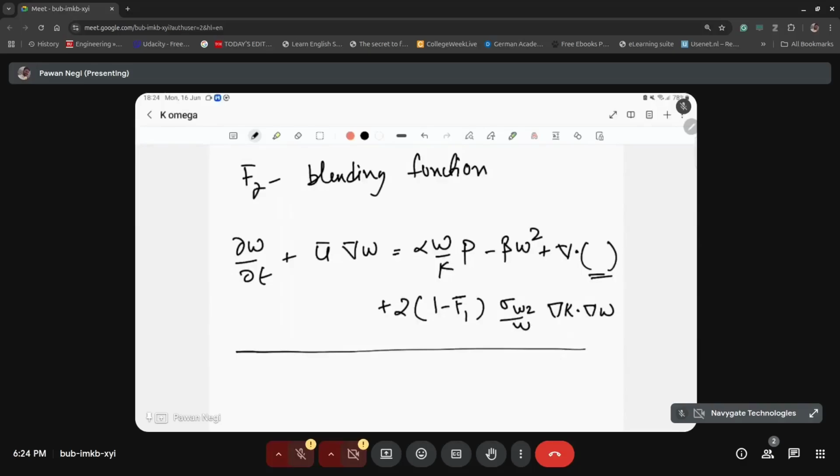Everything else remains the same. The K and omega remain the same at the boundary, but we have this particular blending of K-Omega and K-Epsilon model with the help of this term.